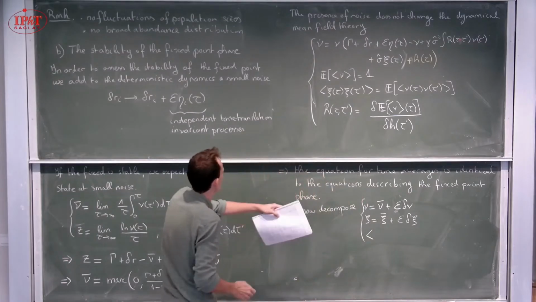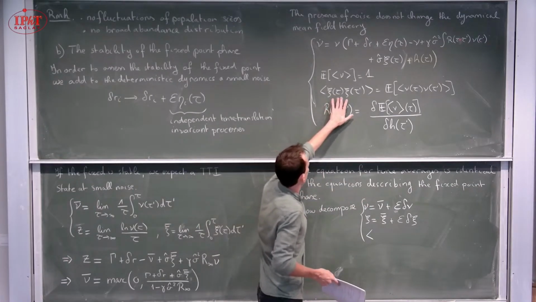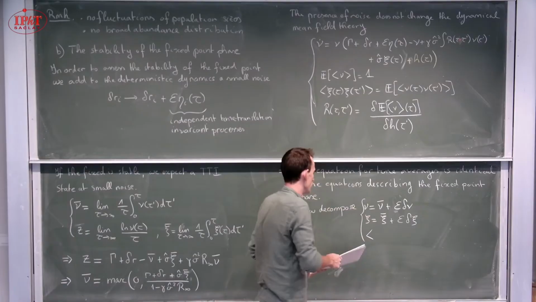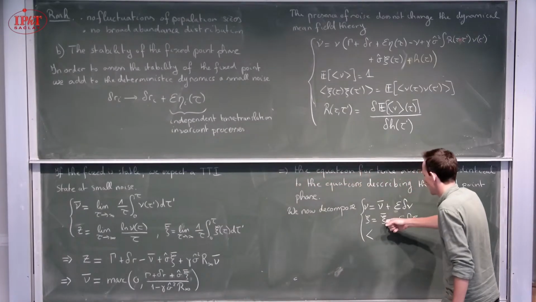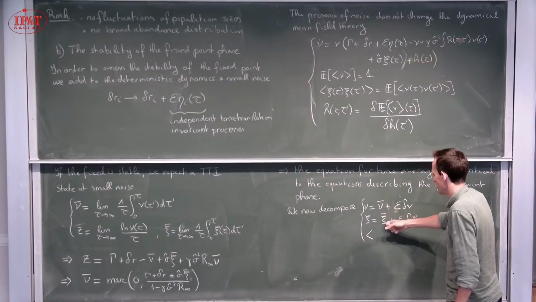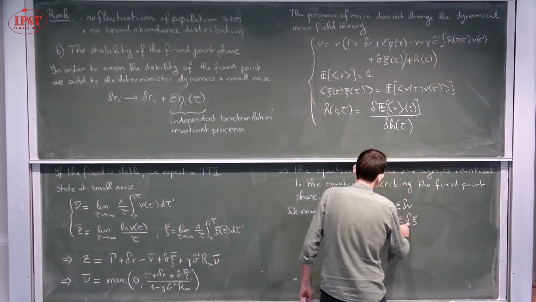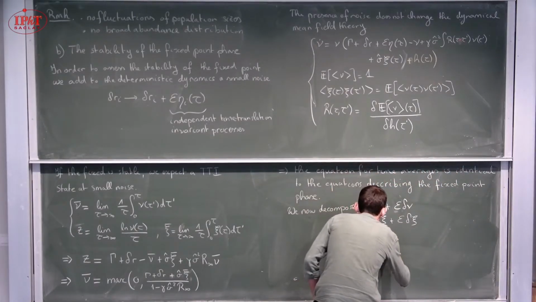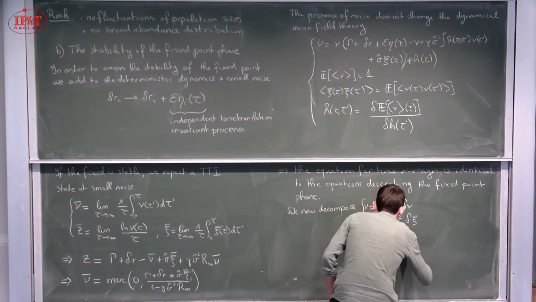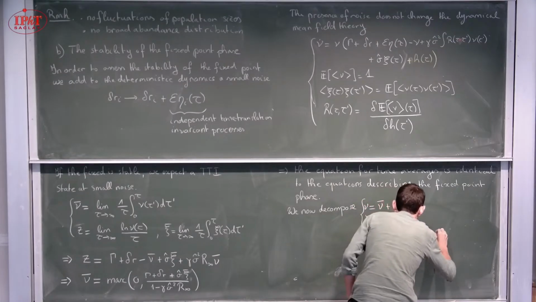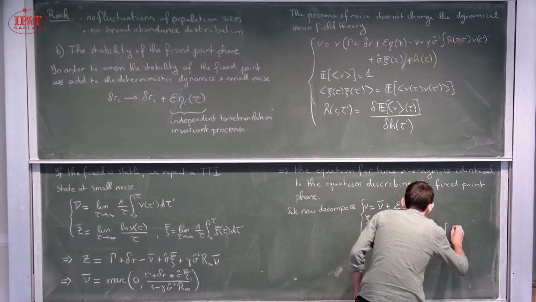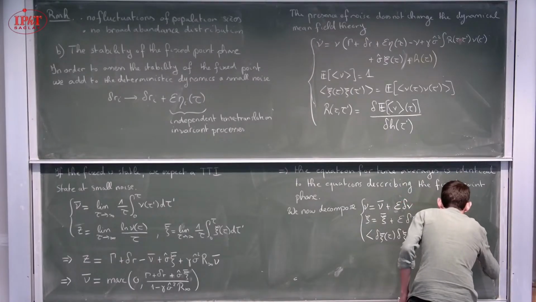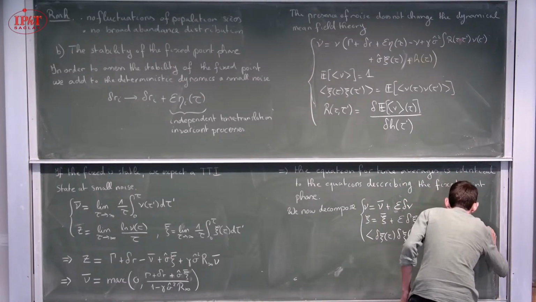And if you look at what becomes of the DMFT equation in terms of this variable, you have that psi bar squared is equal to nu bar squared on average. And then you have the same equation for this one, so you get that the average of delta psi tau, delta psi tau prime is equal to the average of delta nu tau, delta nu tau prime.